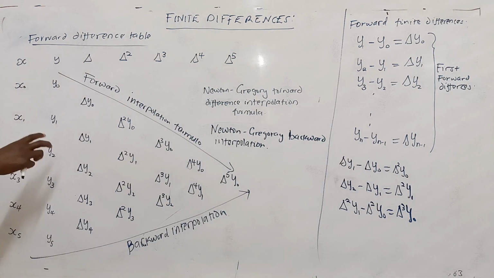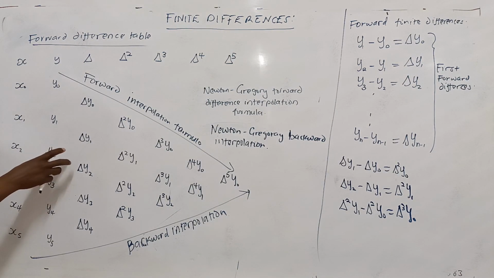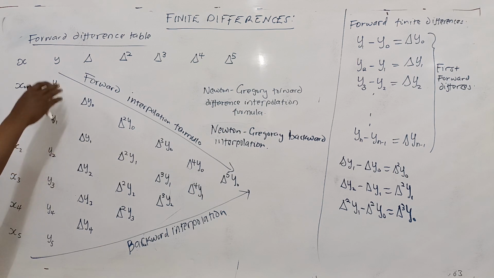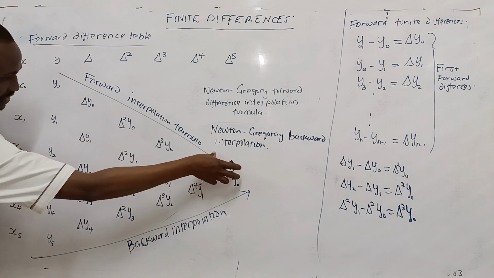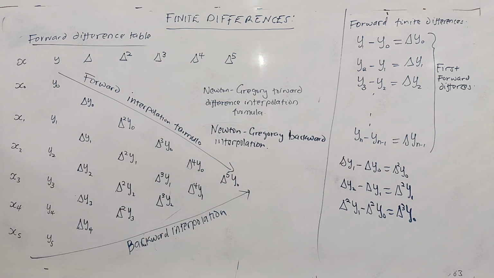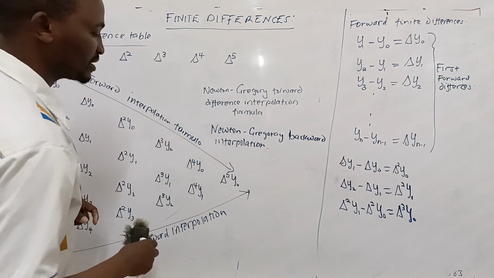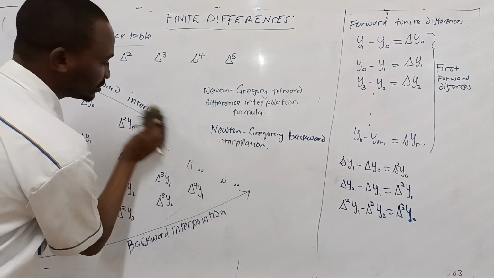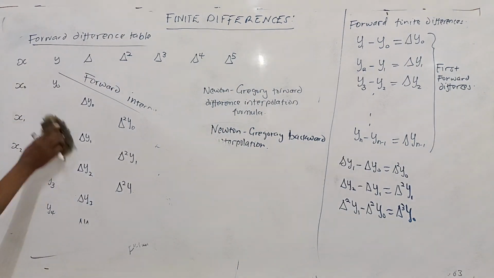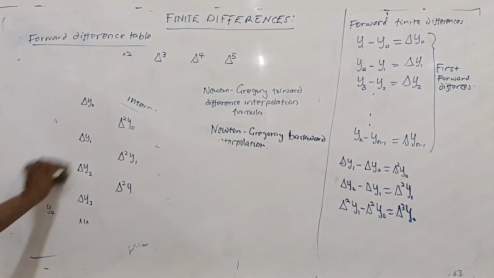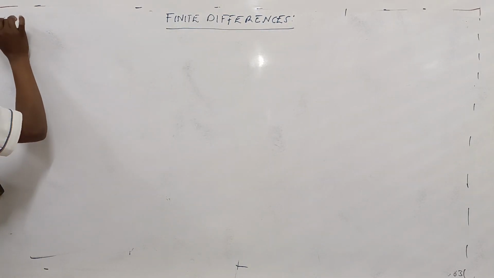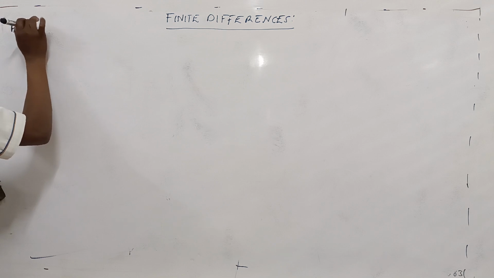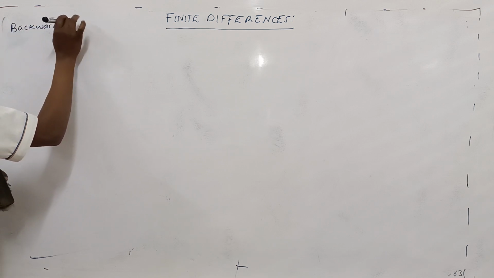So this table we have created here can be used for a question where you'll be required to use forward interpolation if you use these values here, or if you use these values down here, they will be used for backward interpolation. But we're also going to create a backward difference table so that we can see what we need. So let's remove this and discuss backward interpolation. Now we also have what we call backward differences.